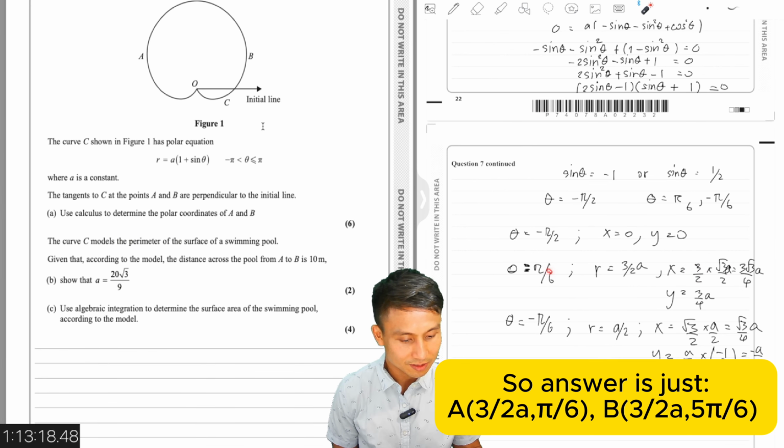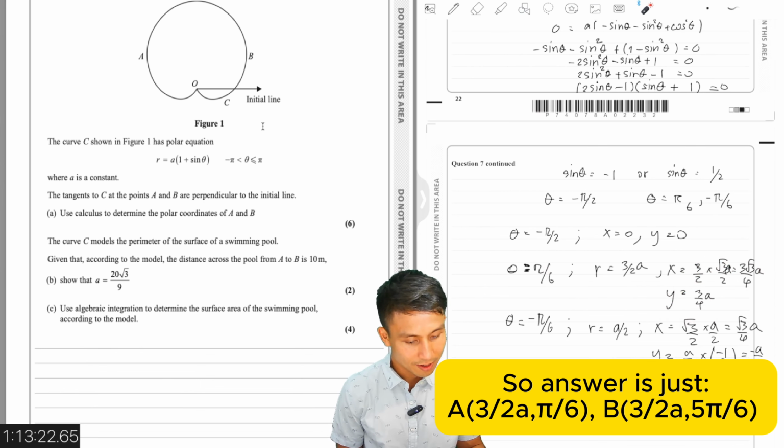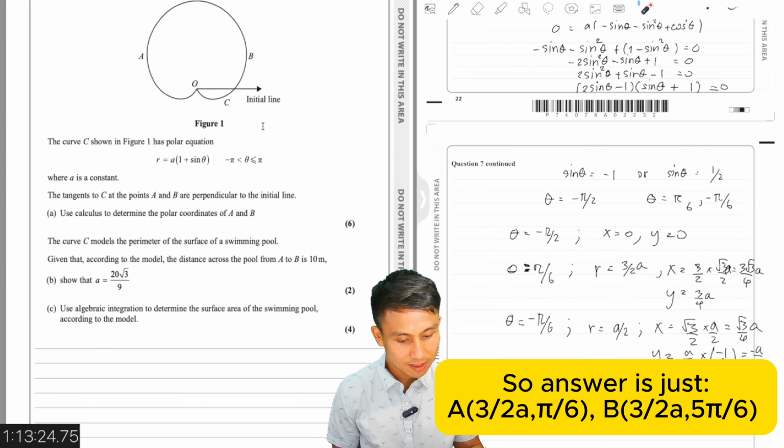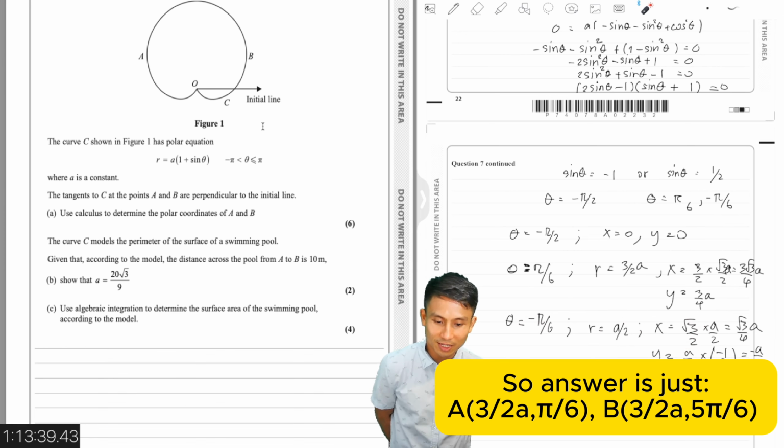Sine of this is, so it looks like B should be this guy, and this one, r is, sine of this is basically minus 1, it's 1 over 2, and then, wait, something is missing here.